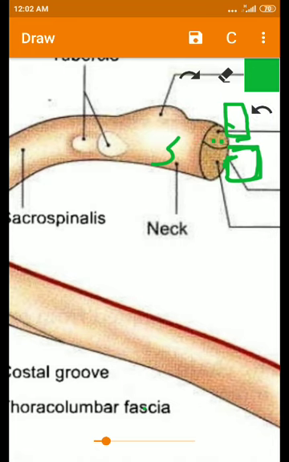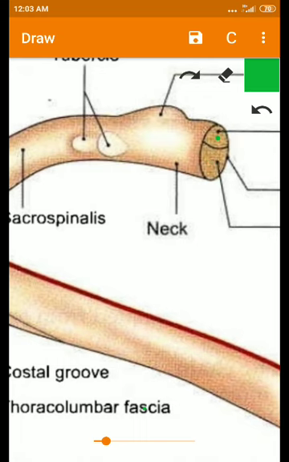Now coming to the attachments of the head. The head gives attachment to the ligaments of that particular joint. Because of these articulations, it forms the costovertebral joint.